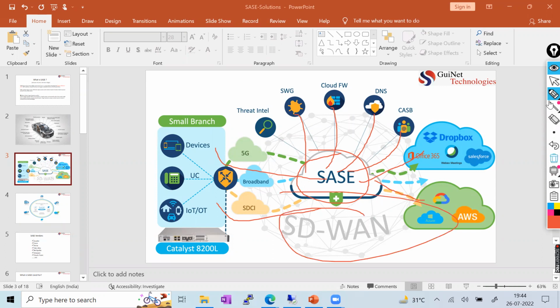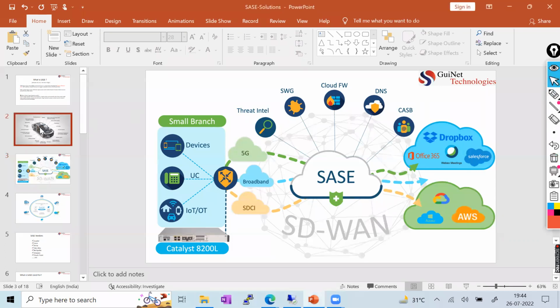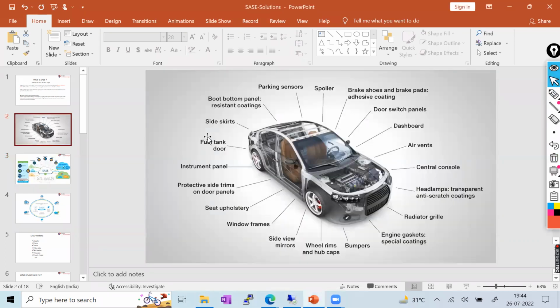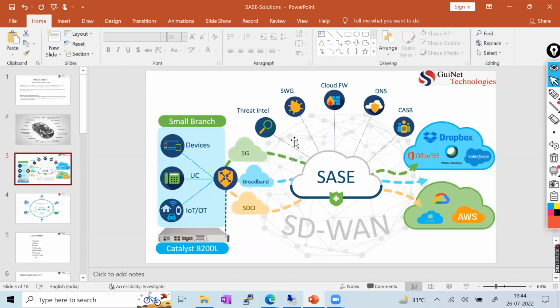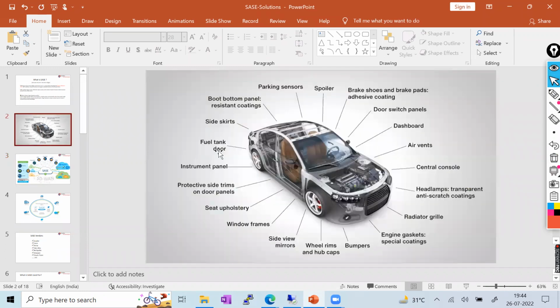Just think, these are the different network components. Like the car, we have different features; we have different network components. If I combine them all in one platform, it becomes one full-featured car.